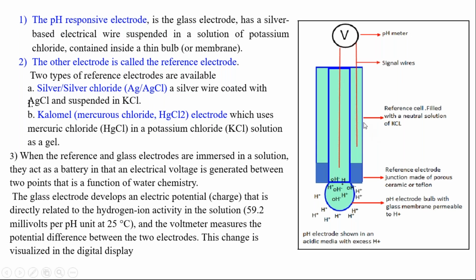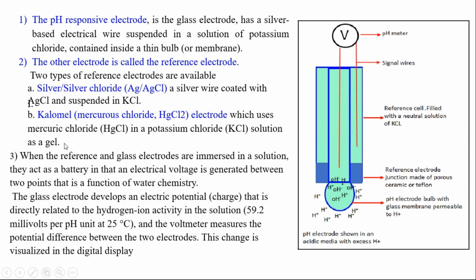The two types of reference electrodes that come, you may have heard of the calomel electrode and the silver chloride electrode. So the silver electrode is actually a silver wire which is coated with silver chloride, and it is immersed in potassium chloride.